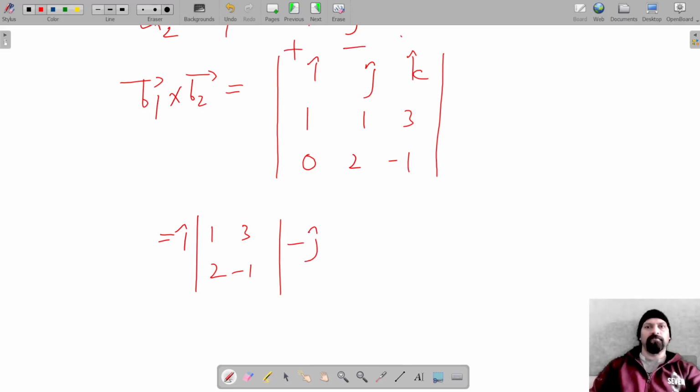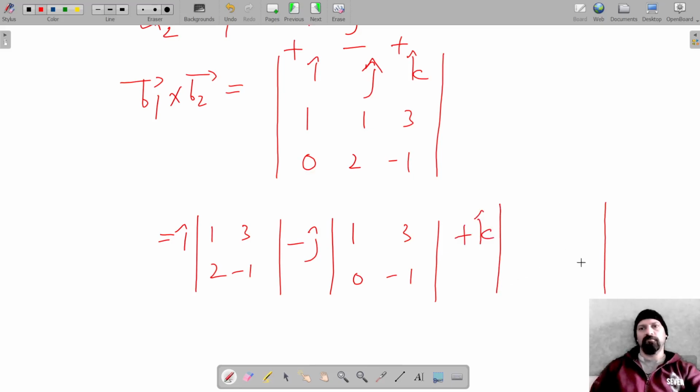Find the determinant along the first row: negative j cap, and remove the row and the column for the j cap, which is 1, 3, 0, and negative 1, plus k cap. Remove the row and the column for the k cap. So this is 1, 1, 0, and 2.